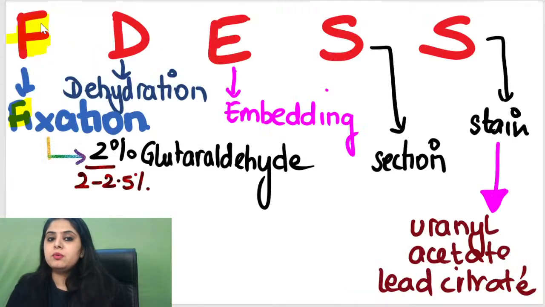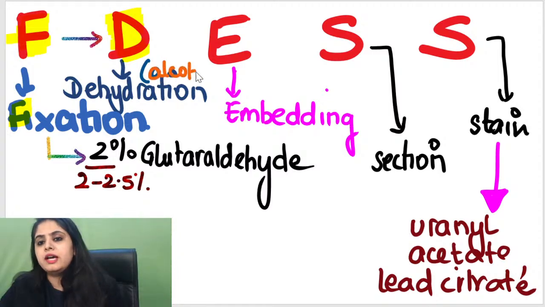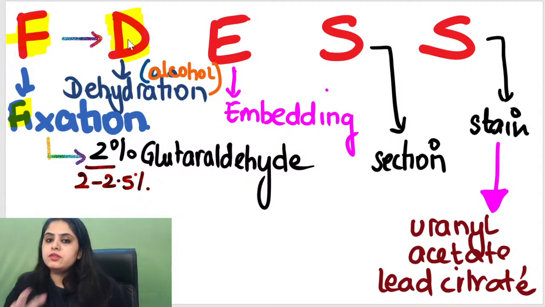Okay, this is done. Step 1, fixation. After fixation, you have to take out all the water from the cells. Dehydration. Everyone knows that whenever I want to cause dehydration, I always use alcohol. So alcohol will take out all the water. After that, I have to do embedding.